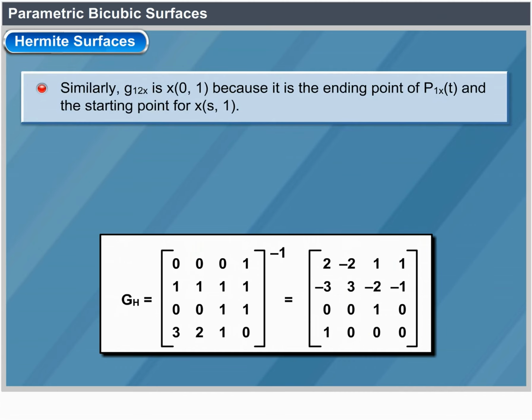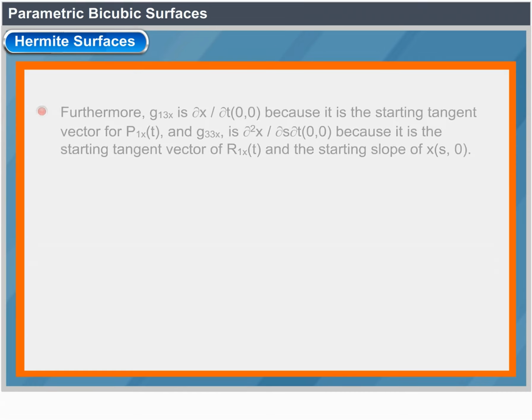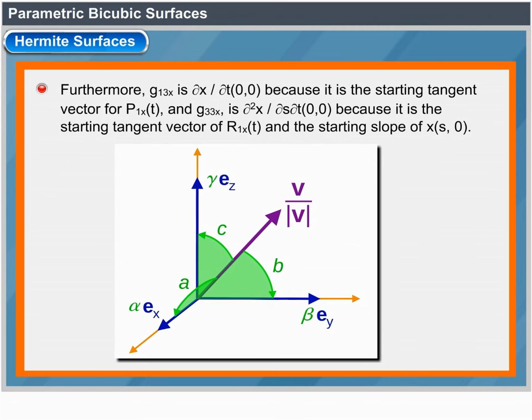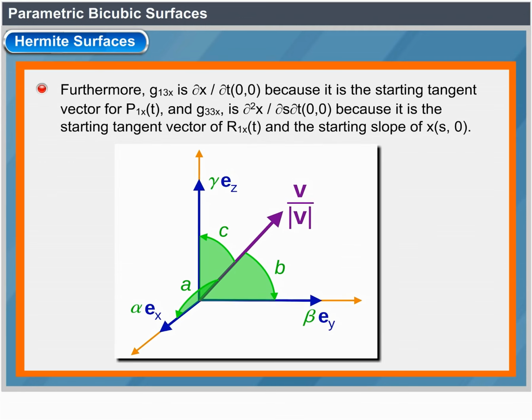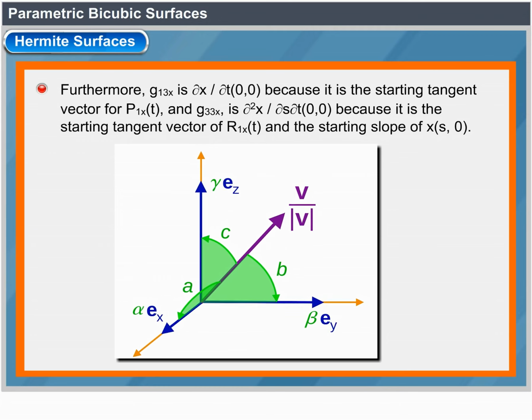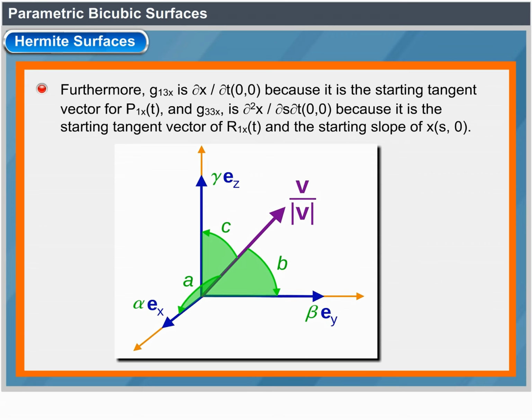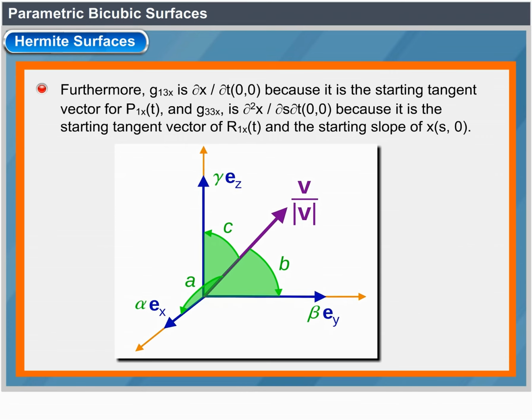Similarly, g12x is x(0,1) because it is the ending point of P1x(t), which is in turn the starting point for x(s,1). Furthermore, g13 is dx/dt(0,0) because it is a starting tangent vector for P1x(t), and g33x is d squared x/ds dt(0,0) because it is a starting tangent vector of R1x(t), which in turn is a starting slope of x(s,0).